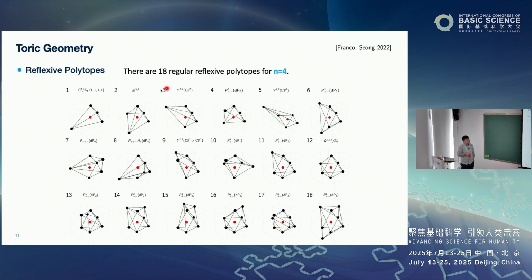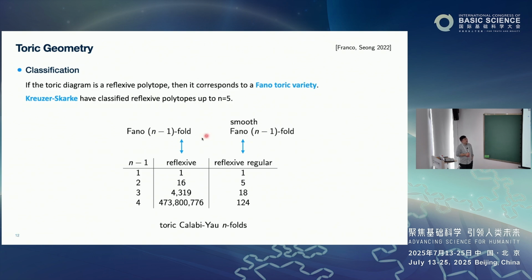These are reflexive polytopes with 1 internal point in a 3-dimensional lattice. In fact, the classification for such reflexive polytopes has been done by Kreuzer and Skarke. They have been classified up to 4-dimensional lattices. For the reflexive cases, in 2-dimensional lattices, there are 16 of them. For 3-dimensional lattices, there are more than 4,000. And for 4-dimensional lattices, there are nearly 500 million of them.